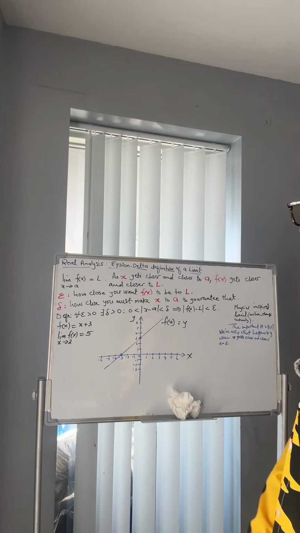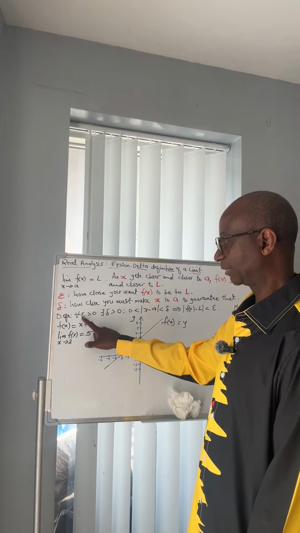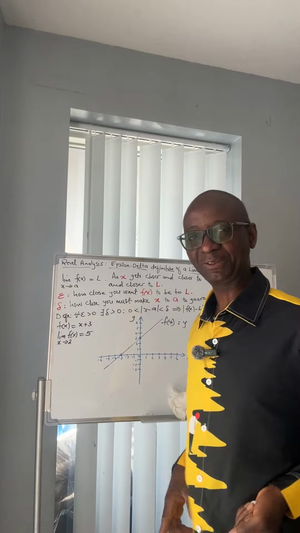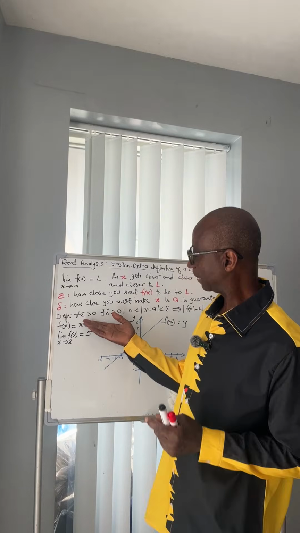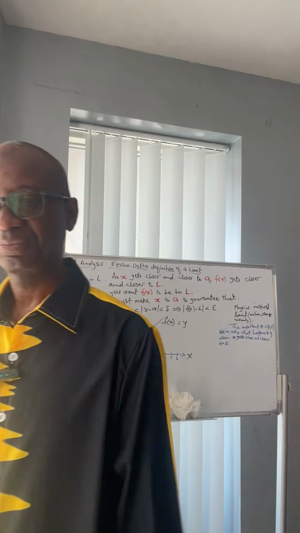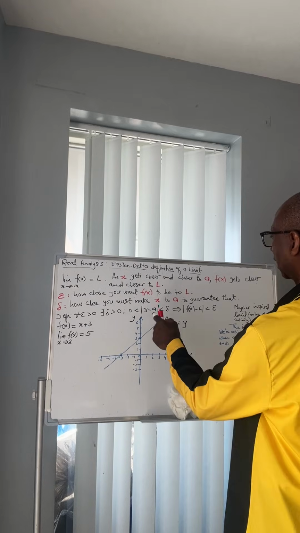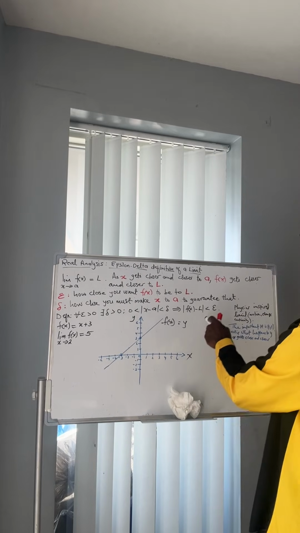So here you can see for all epsilon, it means your input is epsilon. For all epsilon greater than 0, it means you are given epsilon. If you're interpreting it, you can see epsilon, delta, absolute value of the function.